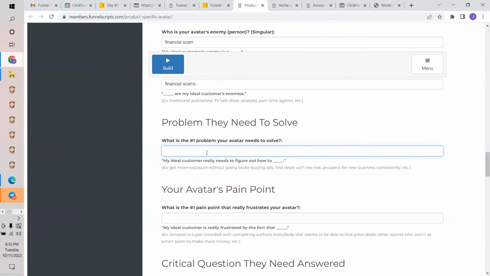What is the number one problem my avatar needs to solve? And that is how to invest, how to achieve investing success, how in a simple manner.